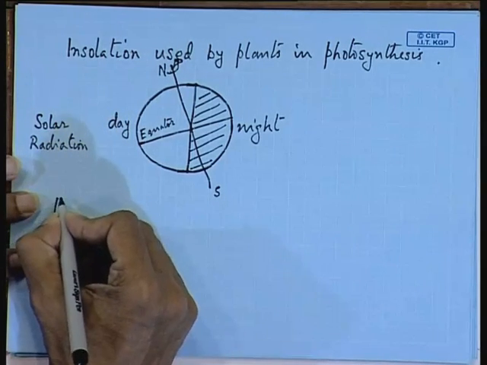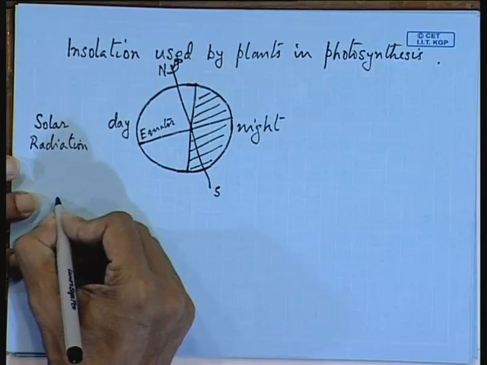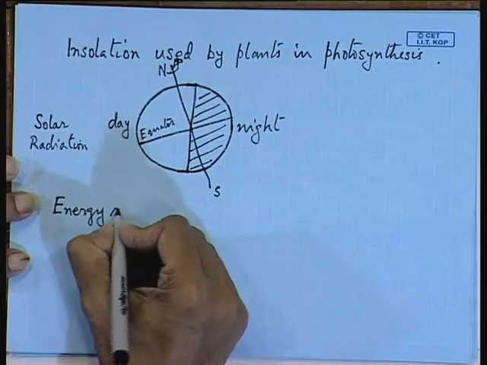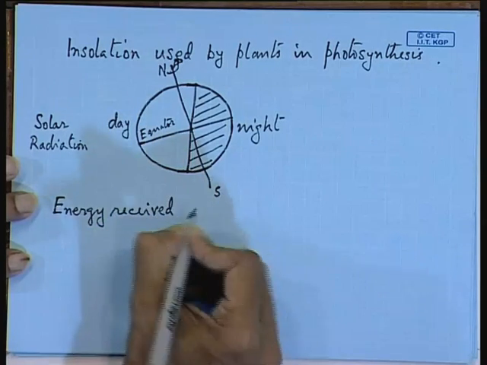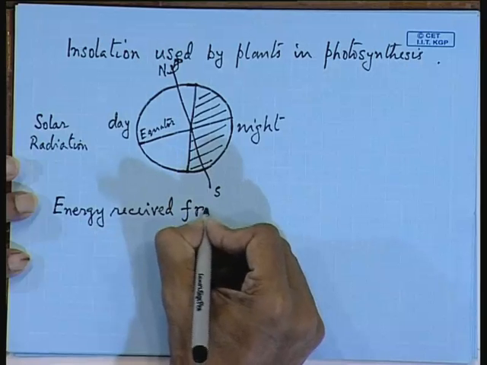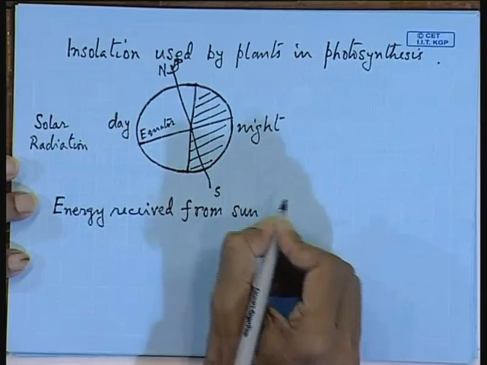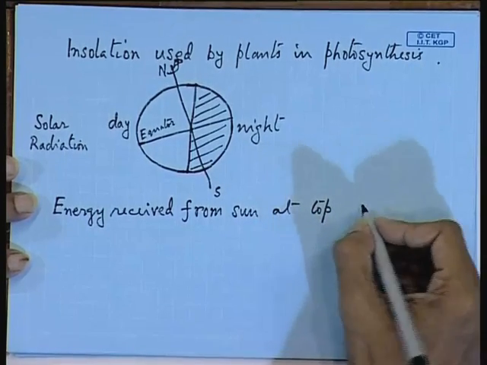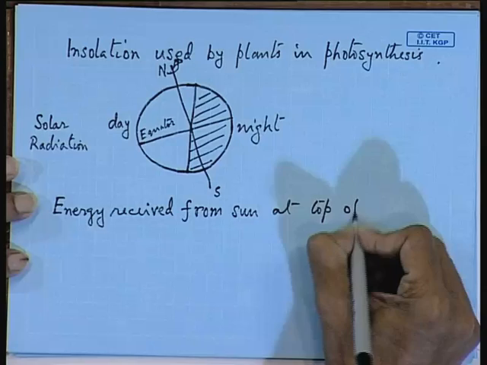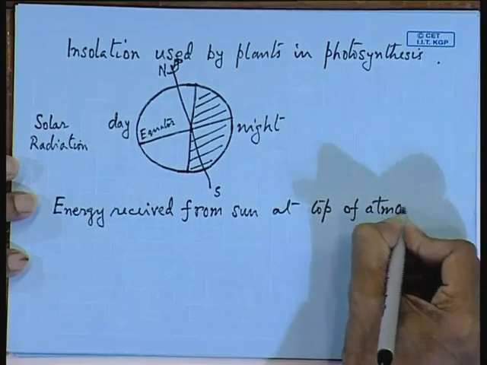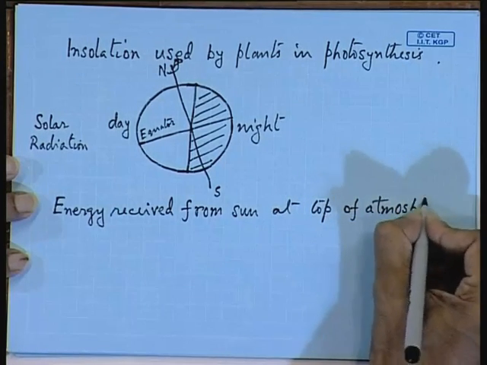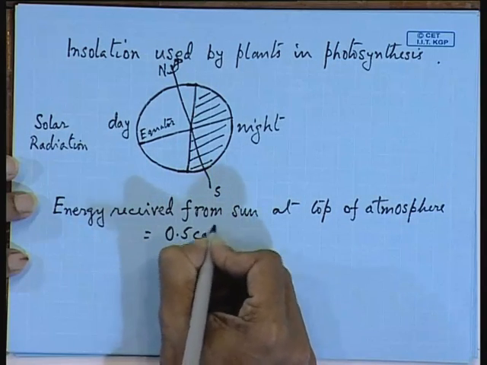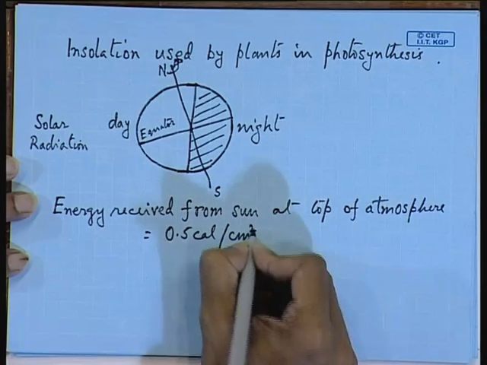Now, energy received from the sun at the top of the atmosphere is 0.5 calories per centimeter square per minute.